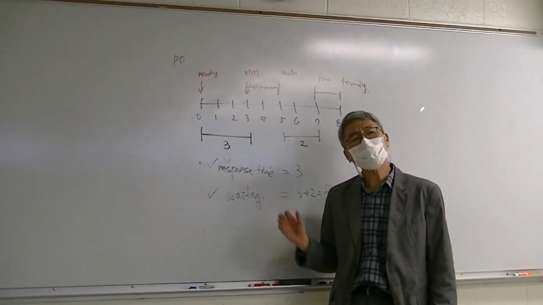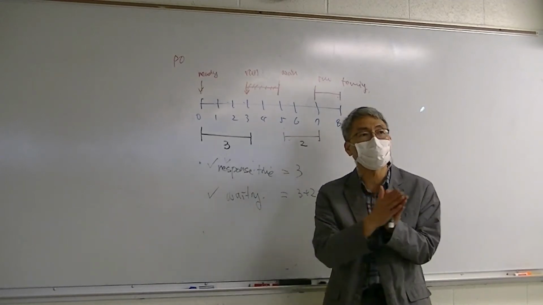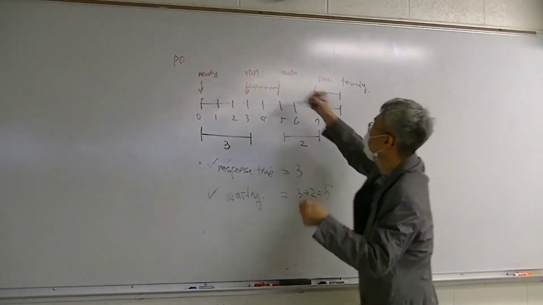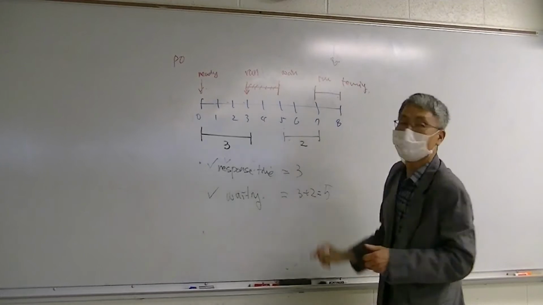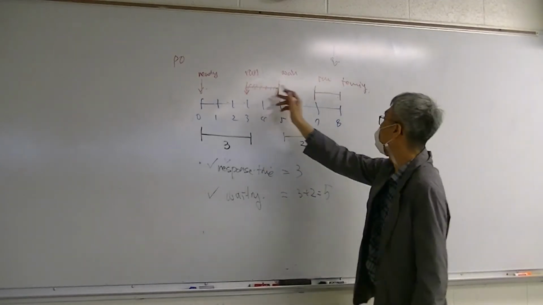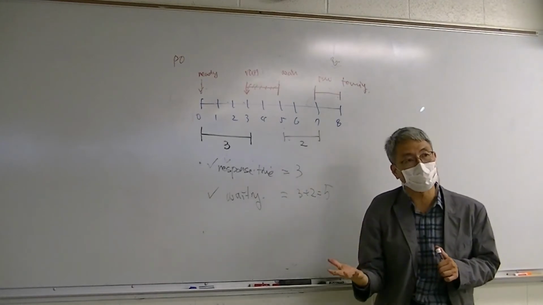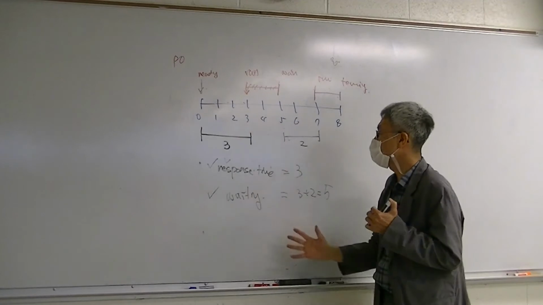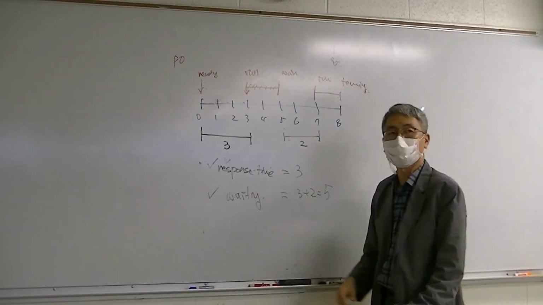However, waiting time is also important when you consider how fast your transaction is. Total transaction time from beginning to end is 8. Only CPU time is 3, but the wait is 8. So depending on the objective, the goal of your operating system, sometimes you need to consider response time, and sometimes waiting time.